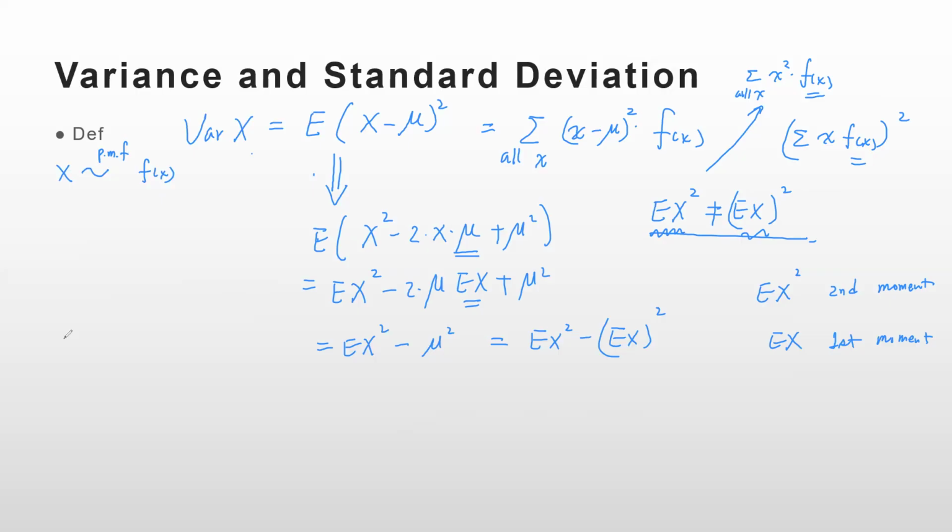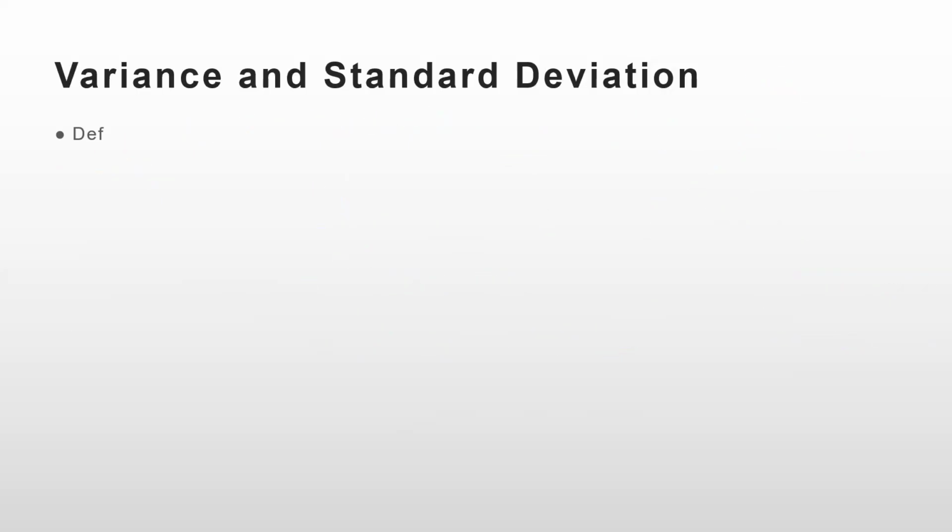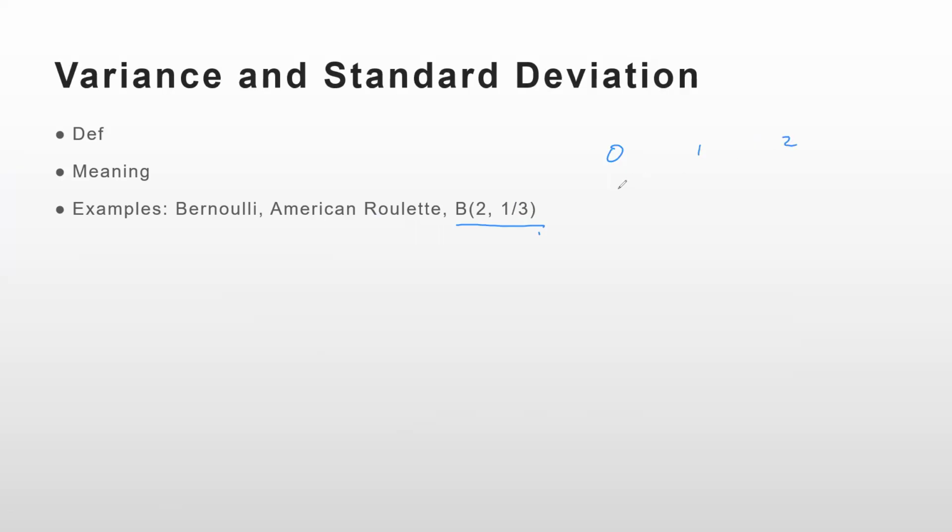All right. Let's see, maybe one example. Let's talk about this thing: values 0, 1, 2, with probabilities 4/9, 4/9, and 1/9. In order to find the variance, we do need to find the mean.